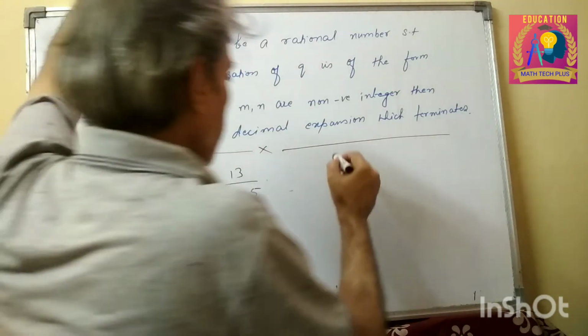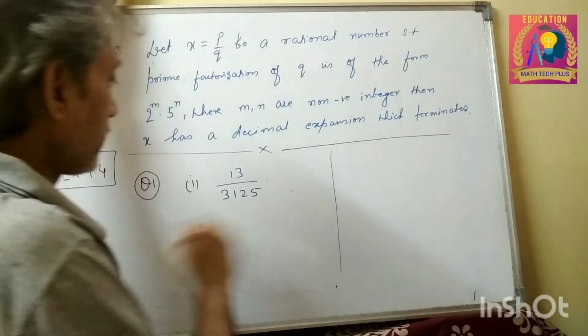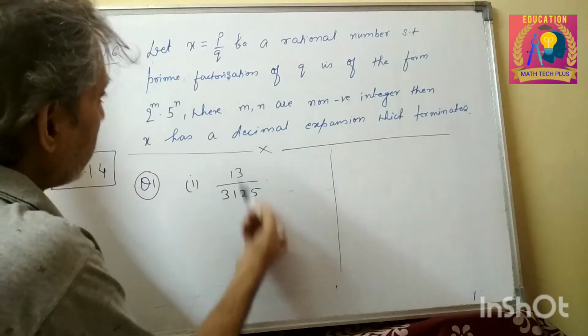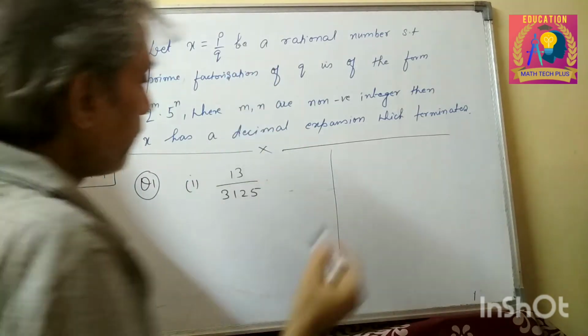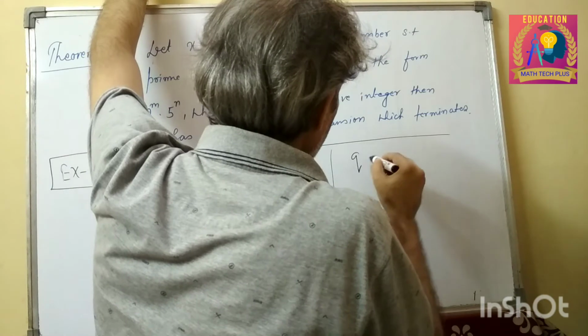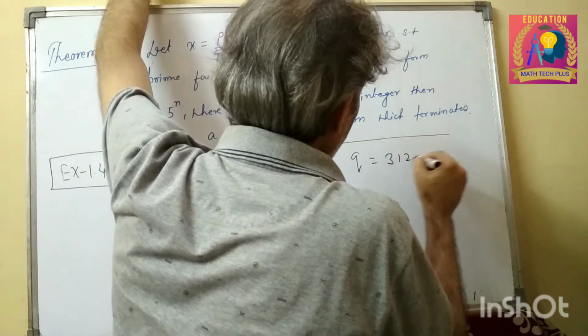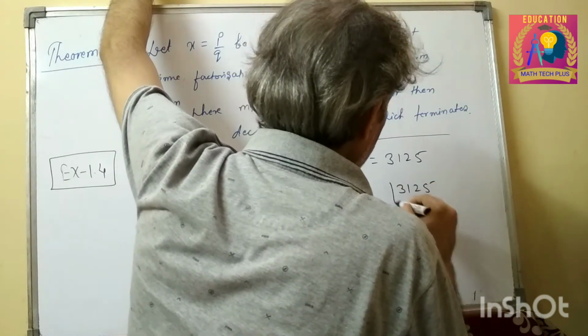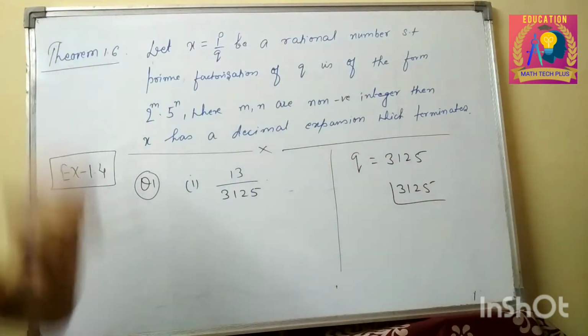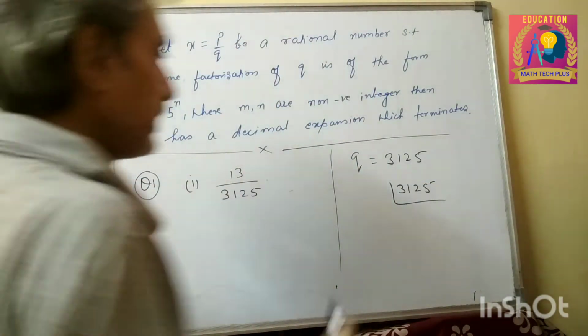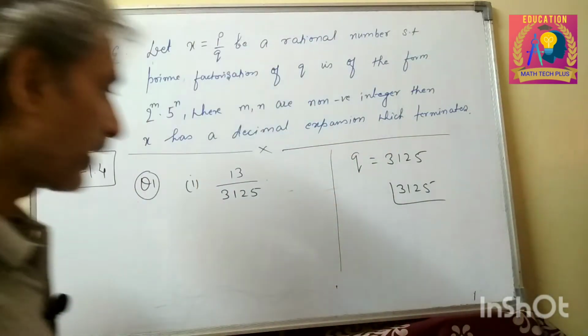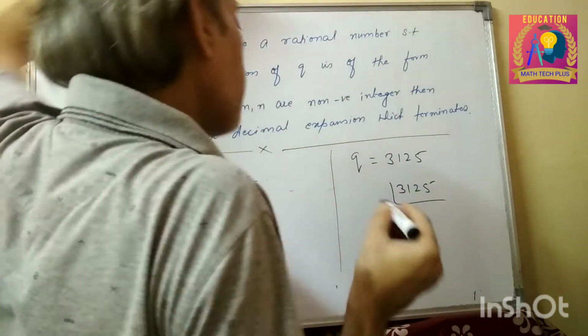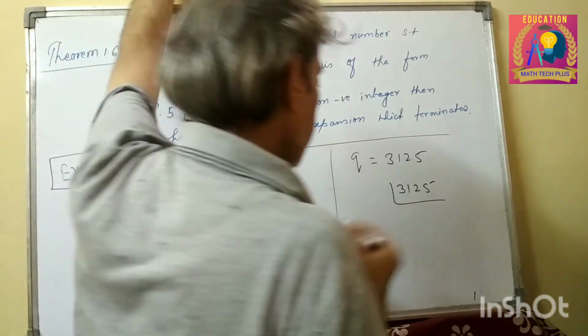Now how to solve this? Look, this is in the form p by q. What is q? q is 3125. Now I am going to factorize this. As you all know, any number ending in 5 will be divisible by 5.